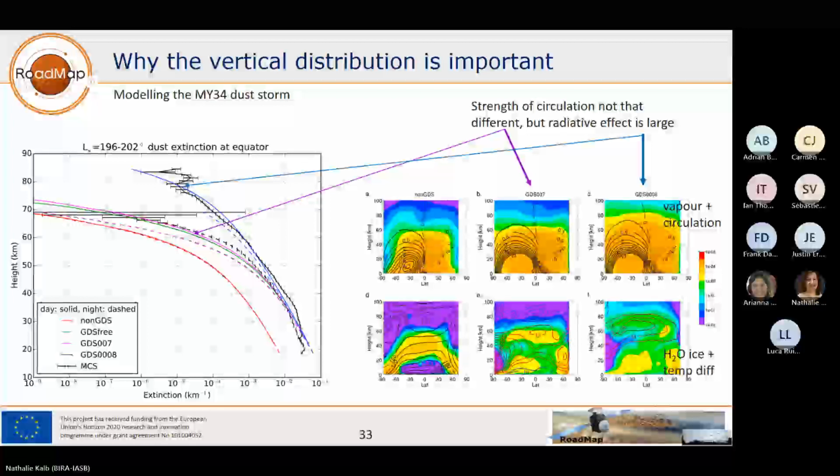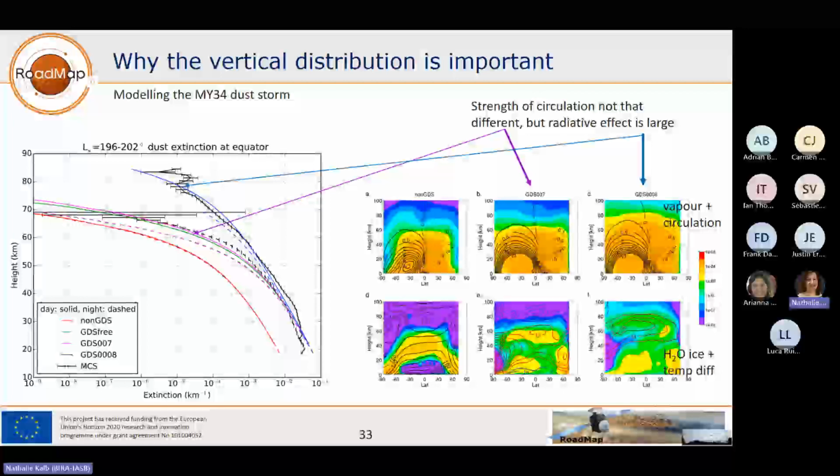But when you play around with the profile of dust, it does change the circulation. So this is without taking into account a dust storm, and these are the meridional mass functions. You get this sort of 2-cell structure, and the colors are the water vapor, and it's going up to maybe 60.